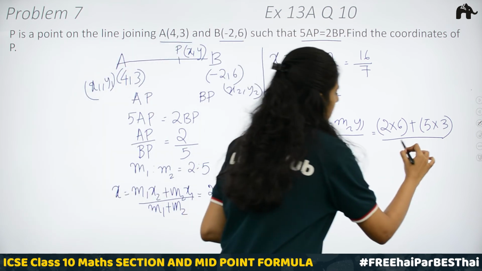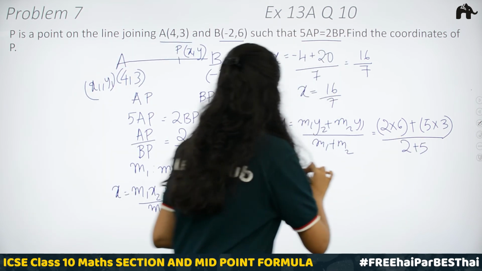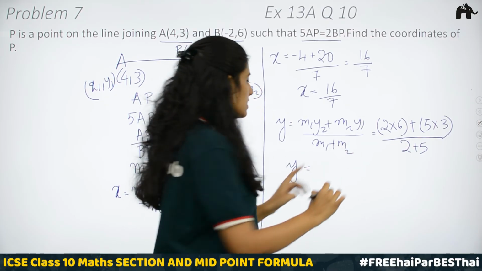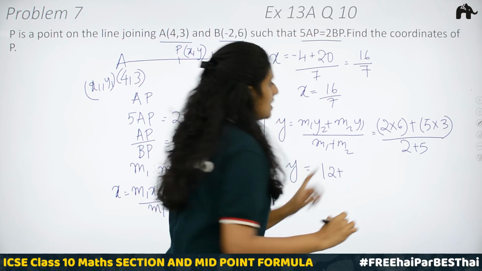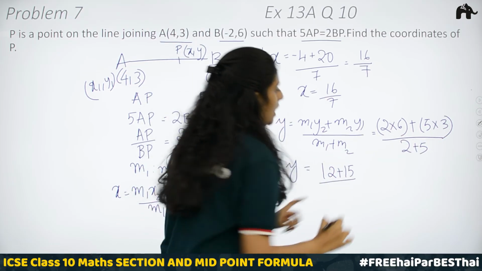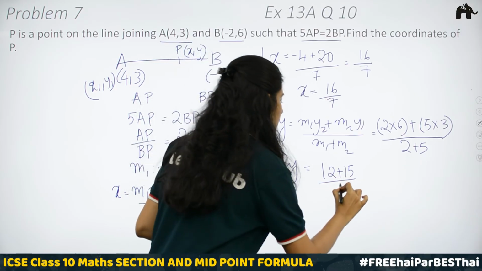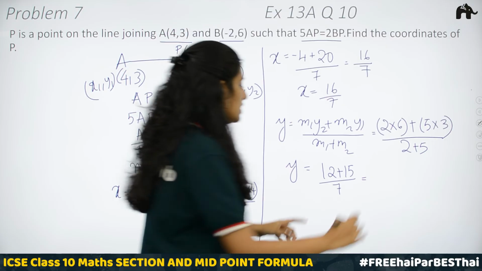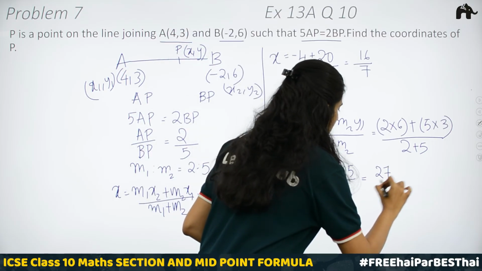That is 2 plus 5. Therefore, y is equal to 2 into 6, 12, plus 5 into 3 is 15, divided by 2 plus 5, 7, which is equal to 12 plus 15 is 27 divided by 7.